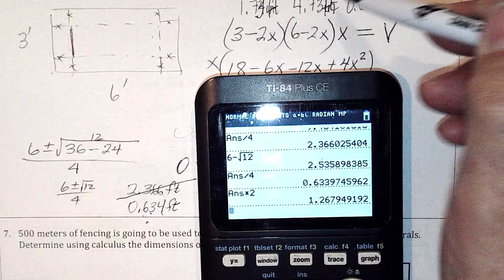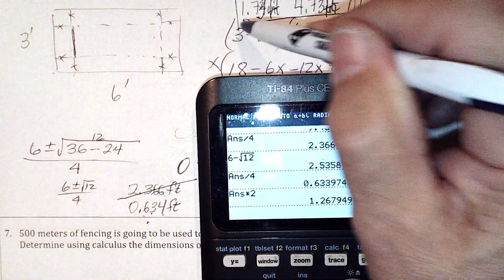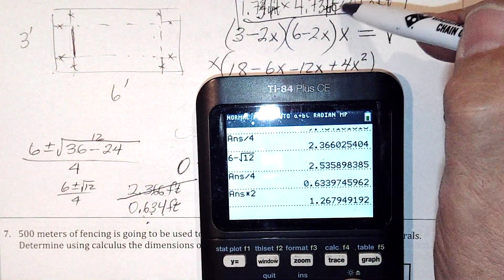Feet and feet. There's the dimensions. This by that.